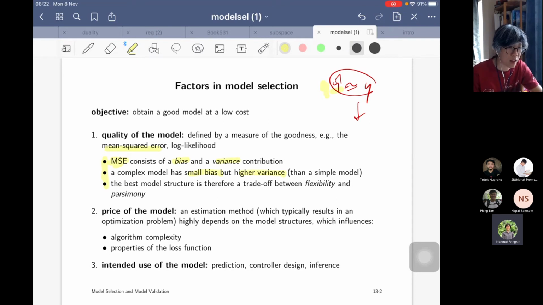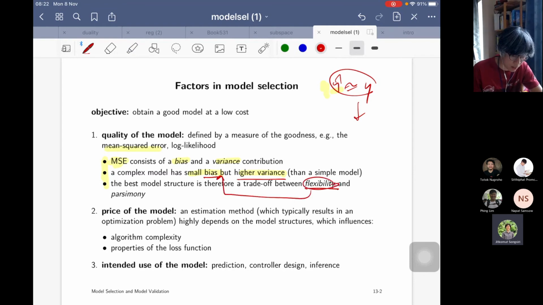When a model has higher variance, it means that the point estimate you obtain from a single run, from a single estimation, cannot be reliable to a certain degree. That is what we call a trade-off between flexibility, which if the model is complex, it has high flexibility and small bias, but because it has higher variance, that's a drawback.